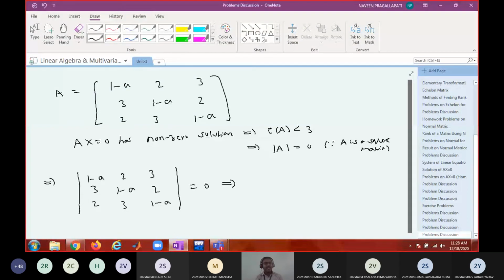So tell me that cubic equation and all its roots. Whether you apply the determinant formula or you apply row operations and then simplify, it's up to you. I just want the simplification of this determinant equal to 0. I want the cubic equation.